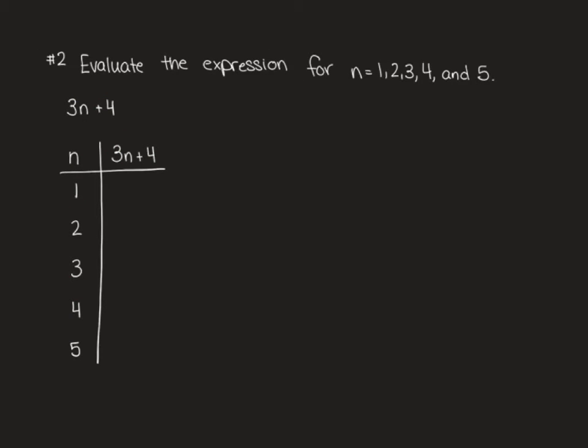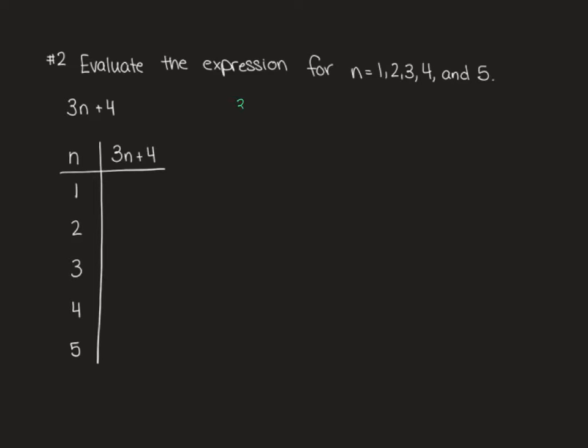Question 2 is going to ask you to evaluate the expression for n equals 1, 2, 3, 4, and 5, and you'll put your final answers into the t-table that they have given you. So for each question, they'll give you an expression with a variable in it, and they'll give you a t-table. We're going to start with n equals 1.